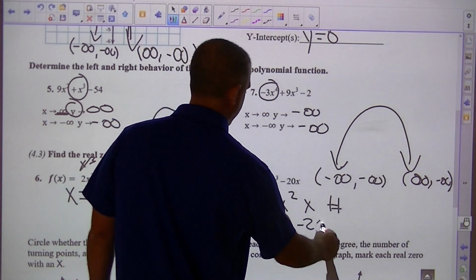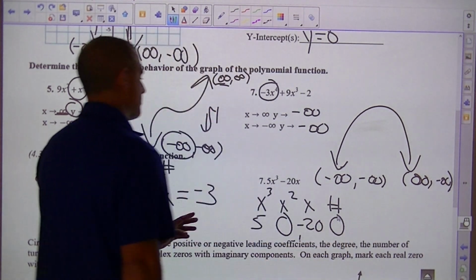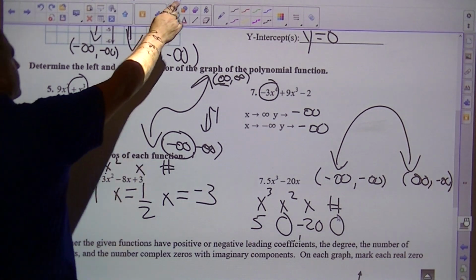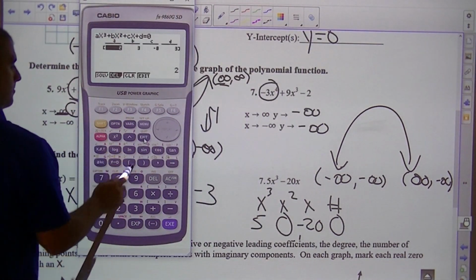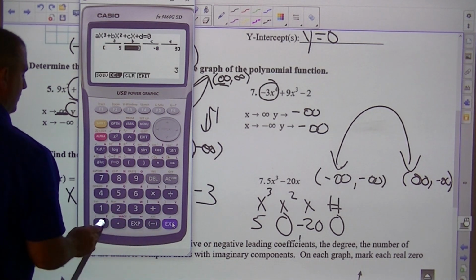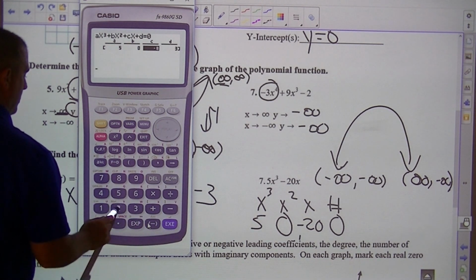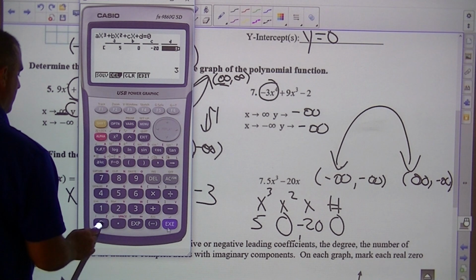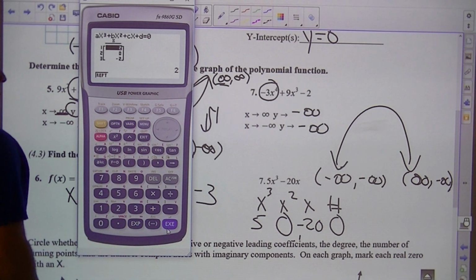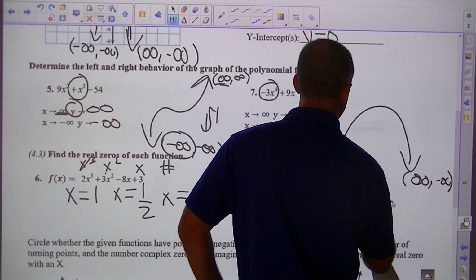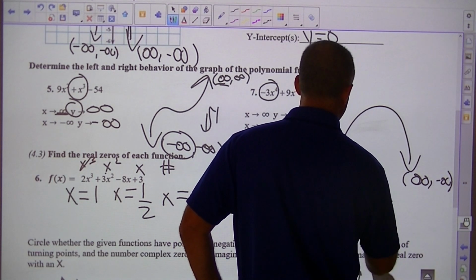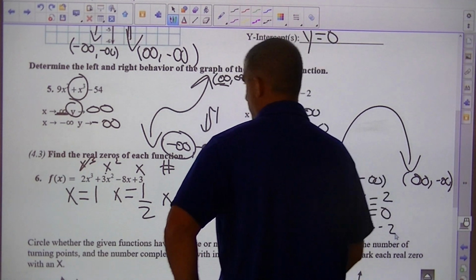The x is negative 20, and there is no number, so that's what you'd have to type in. So 5, 0, negative 20, and 0. 2, 0, negative 2. Those would be your answers. 2, 0, negative 2.